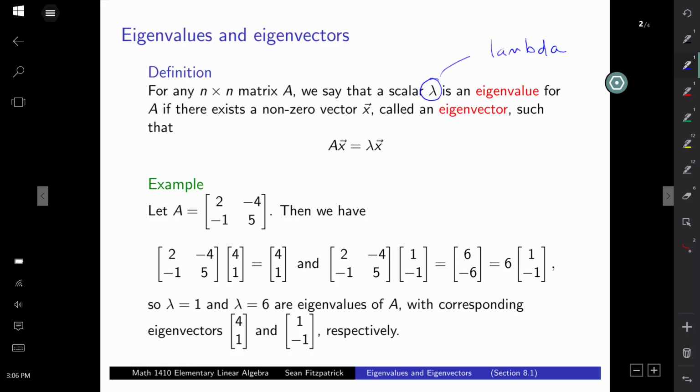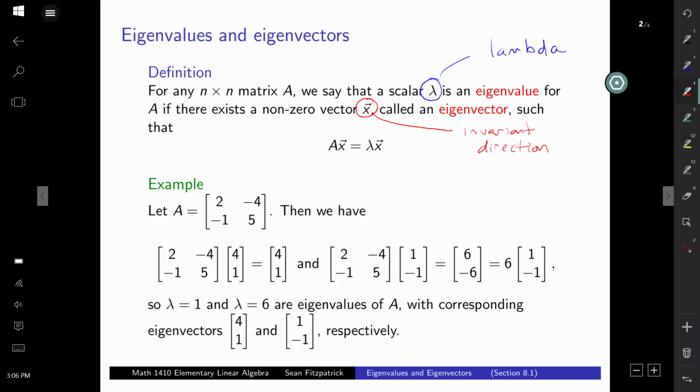Now, what does it mean for a number to be an eigenvalue of a matrix? So we say that lambda is an eigenvalue if you can find a vector x, a non-zero vector. In the context of the last video, this is giving you this invariant direction, right? We're not interested in the magnitude.